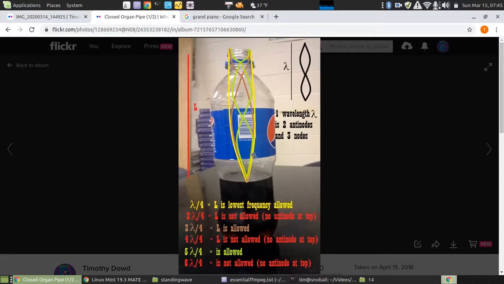But 3/4 is allowed, that's this brown wave. So that would get you like up to here. A full wavelength, 4/4, is not allowed. But then another quarter wavelength on top of this would be cool. So there's less frequencies allowed for an organ pipe that's closed at one end.